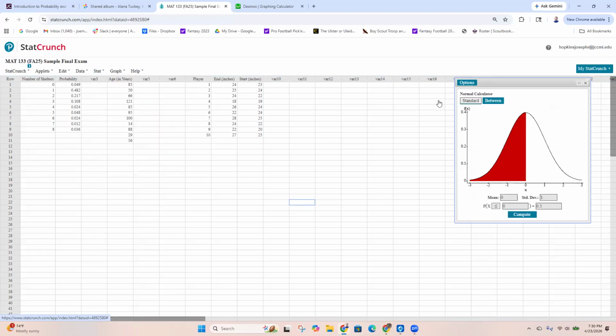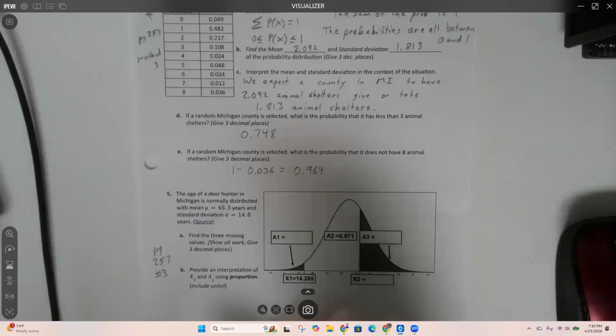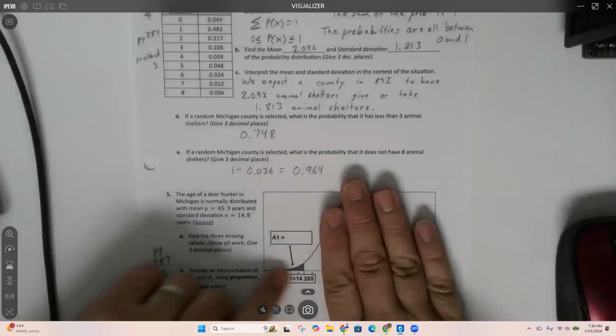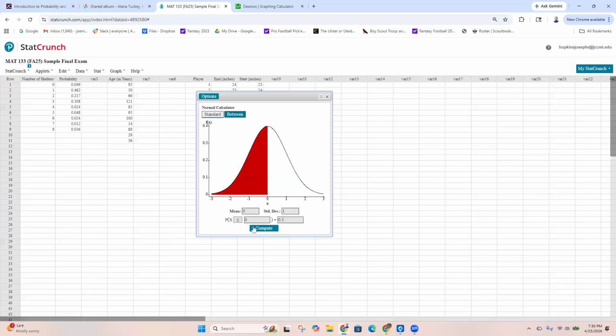There it is. Now I'm not switching between because right now I'm just looking at this and this is less than, okay? So I need to leave it as standard. Now if I have z-scores, I leave my mean as 0 and my standard deviation is 1, but I don't.